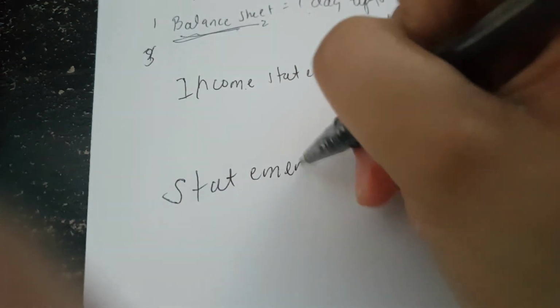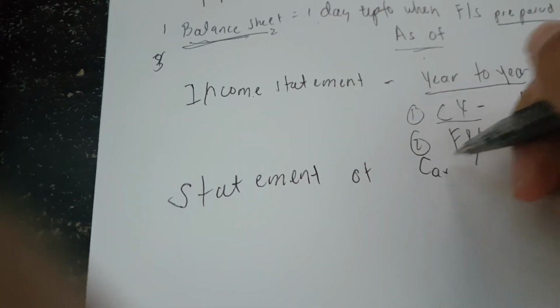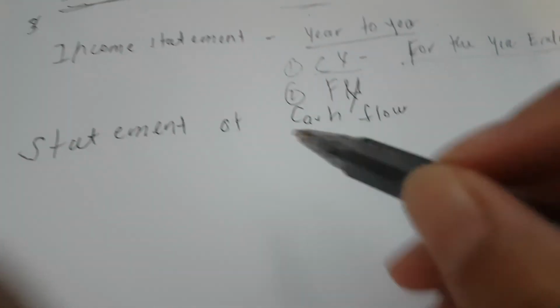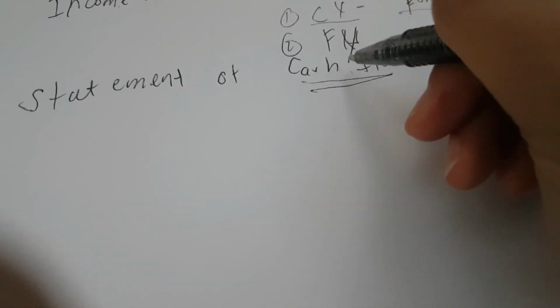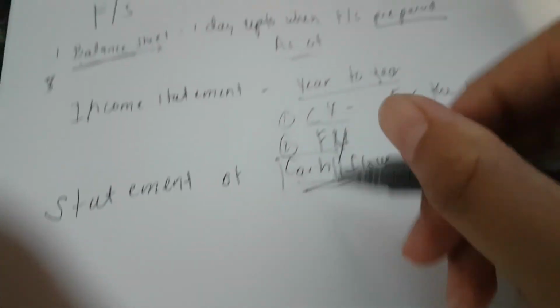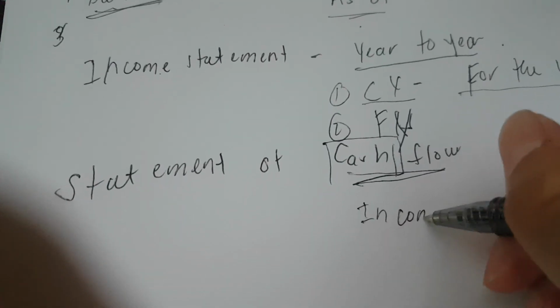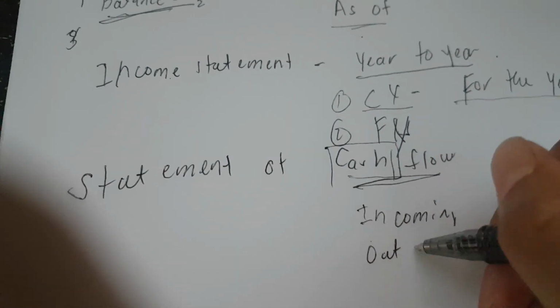Next, we also have the statement of cash flow. From the word itself, cash flow, it specifies all the incoming and outgoing of cash.